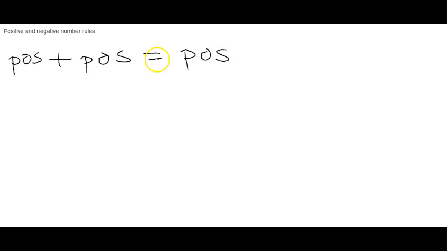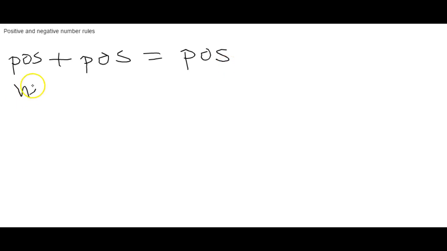So with our properties of numbers, we can also talk about rules involving positive and negative numbers. For example, if you're adding two things and they are both positive, no matter what positive numbers you use, your answer will always come out positive.